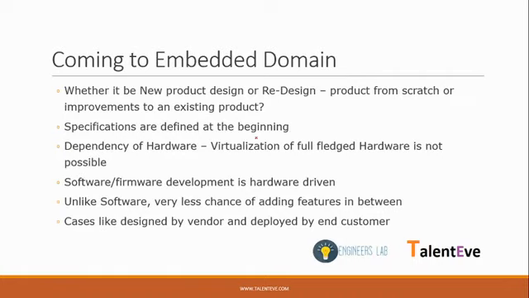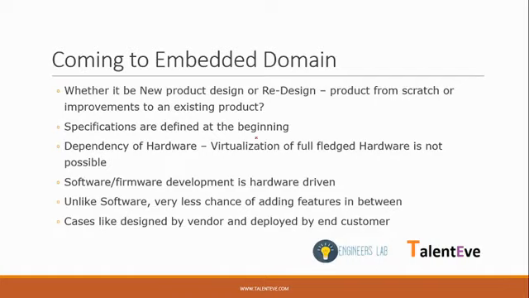The teams underneath work based on those specifications, and the major point here is the dependency on the hardware. When we talked about DevOps suitability for software, we said that because of virtualization, you can replicate the scenarios the end user is going to see, and test them sitting at your place while developing the software.